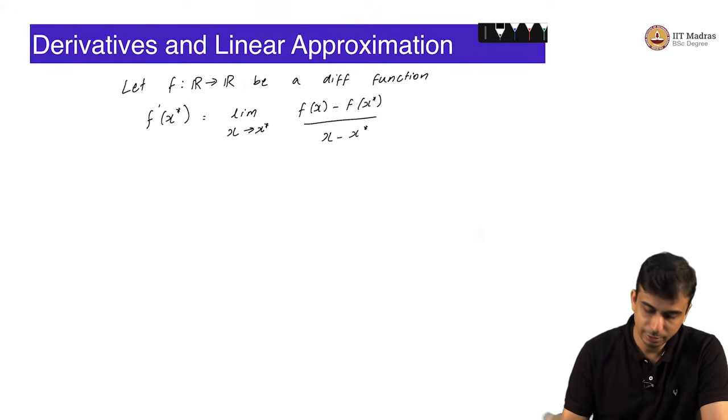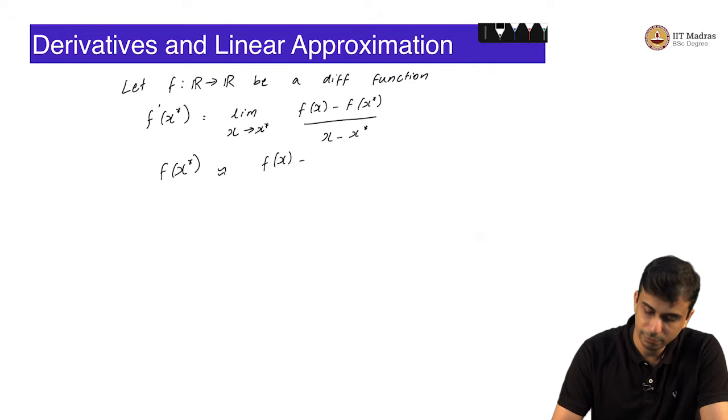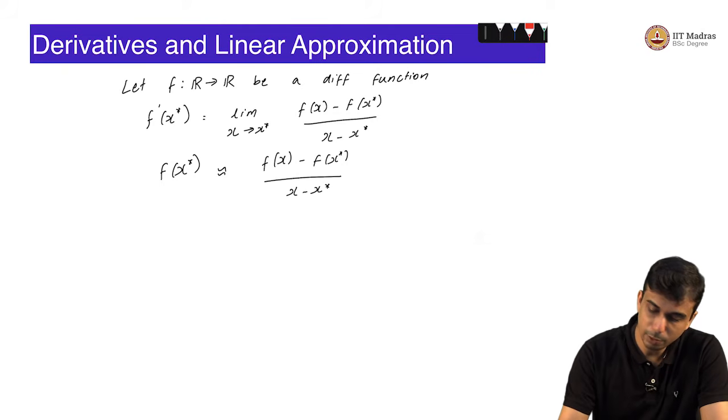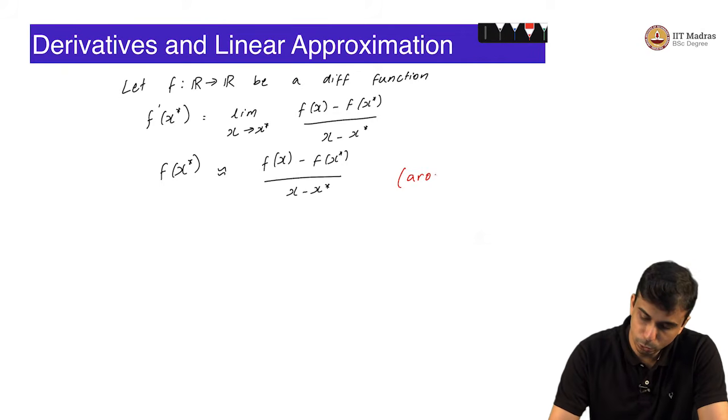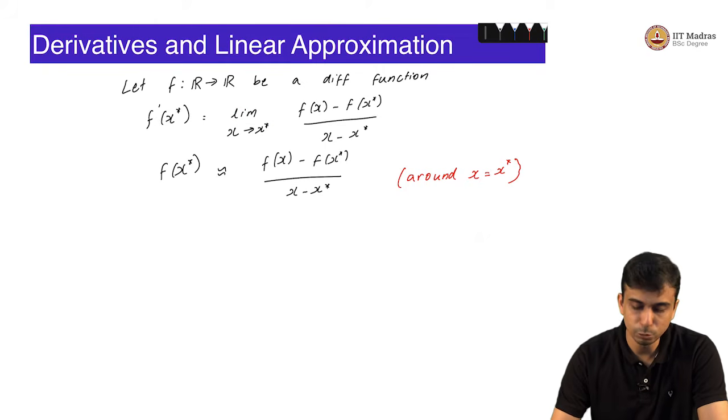So, we can say that f dash of x star is approximately equal to f of x minus f of x star by x minus x star in the neighborhood around x equal to x star. So, this is true only when x is approximately equal to x star. Only then we can remove this limit statement without affecting logic.